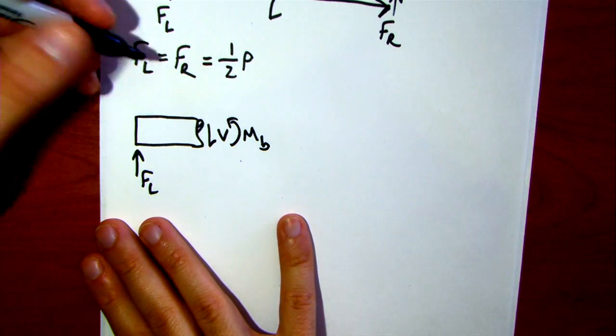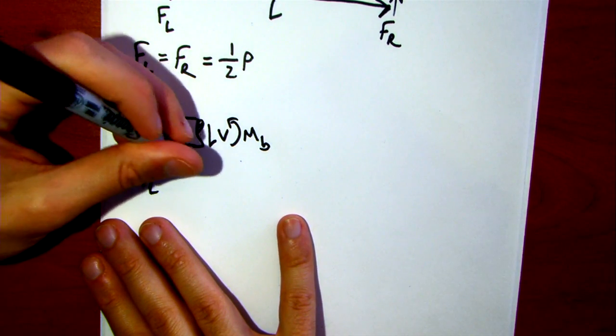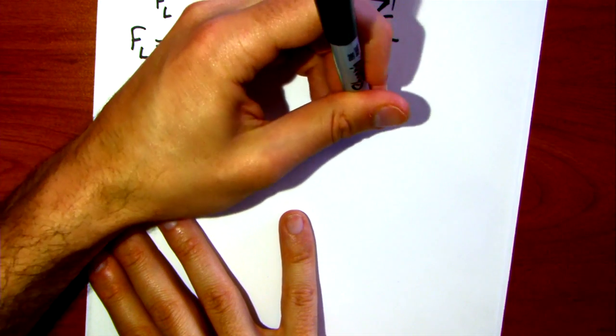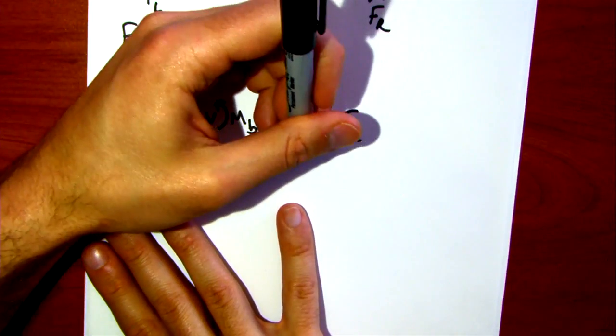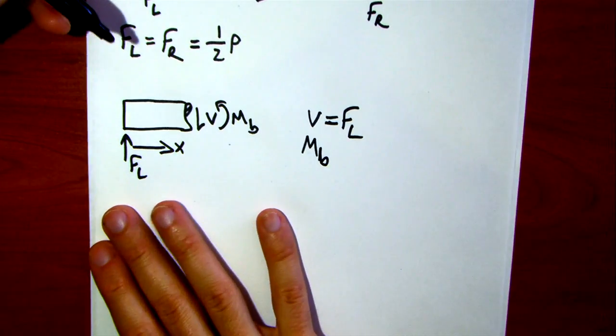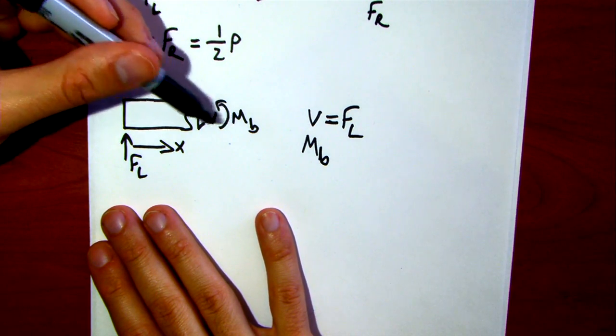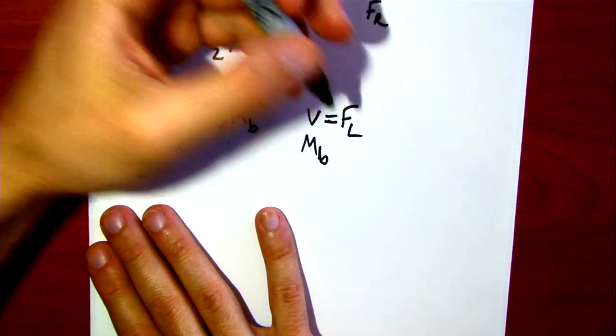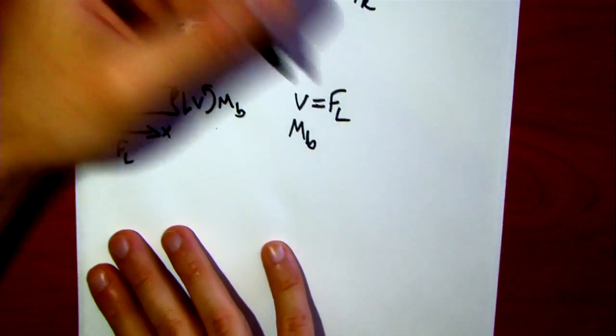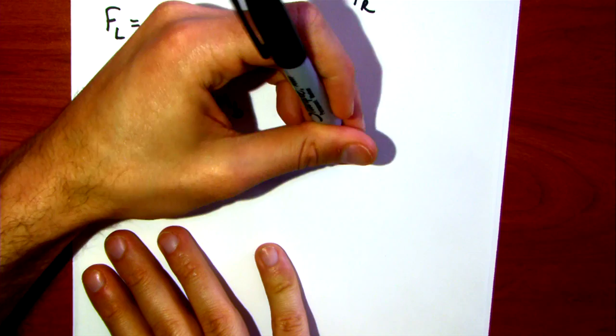I haven't gotten to P yet. There's some distance X from the left. You can say V obviously equals FL, and for MB, there's only one thing here that makes a moment around this section besides MB, and that's FL. So MB must equal FL times X.